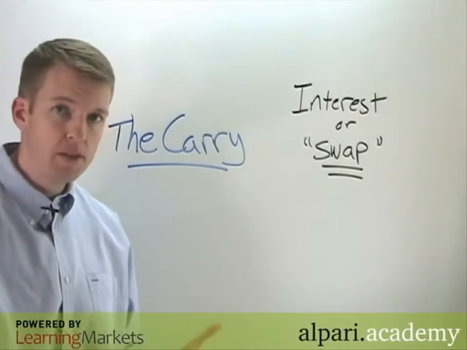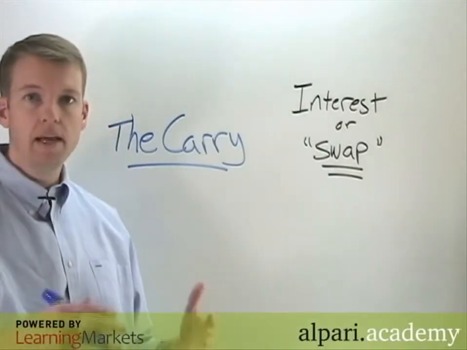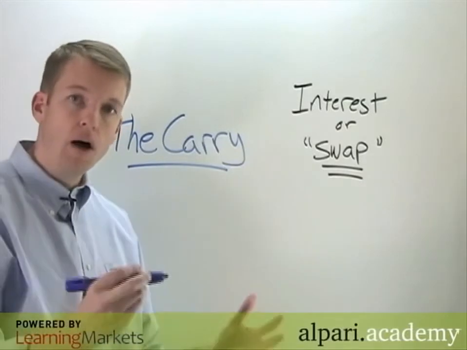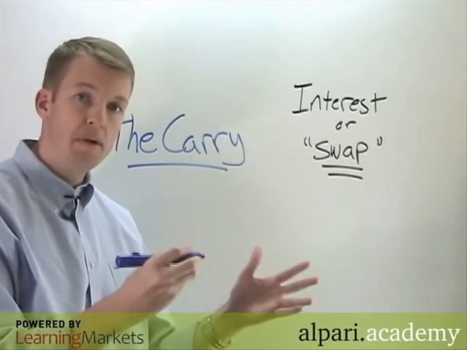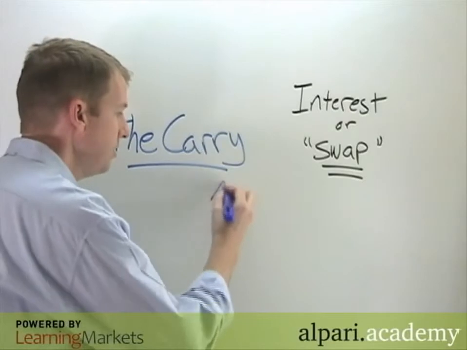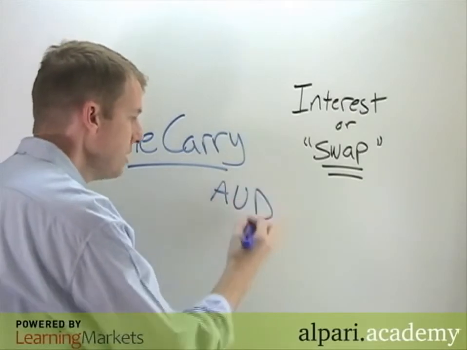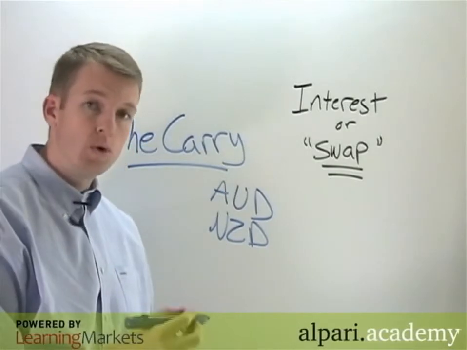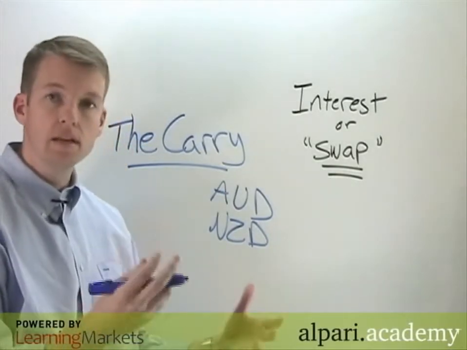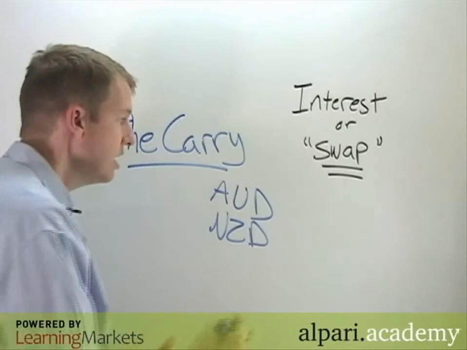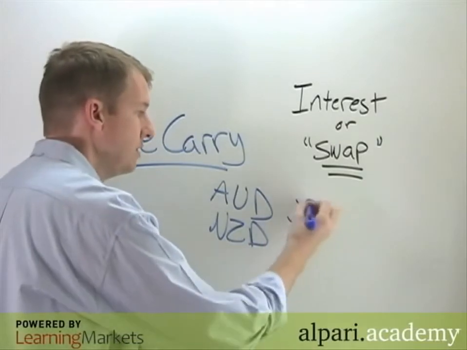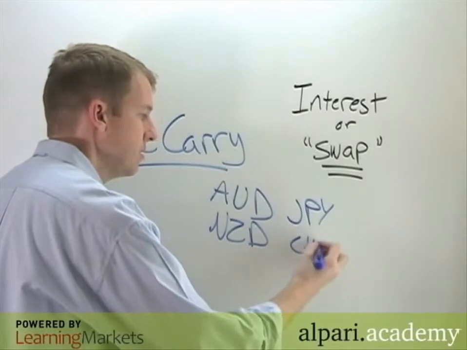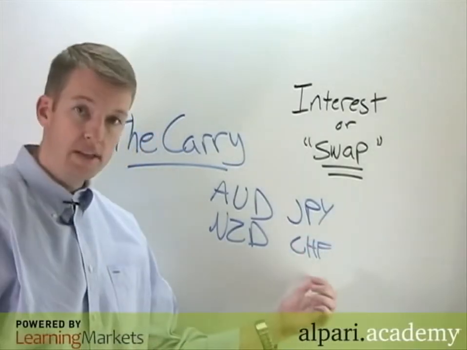Another version of this, by the way, is that traders will accumulate a carry trade portfolio. They may be long several high interest bearing currencies like the Aussie, the Kiwi, and even some more unusual crosses, like recently the krona, and they'll be short the yen, the franc, some of these low yielding currencies on the other side.